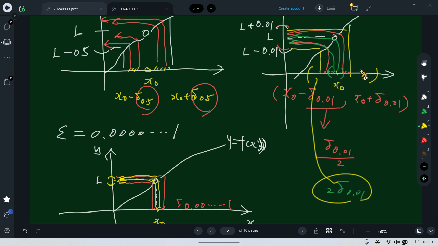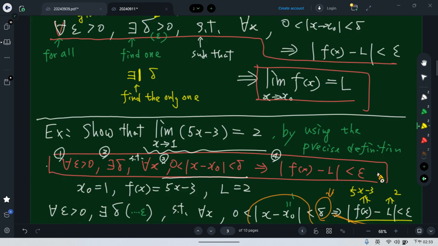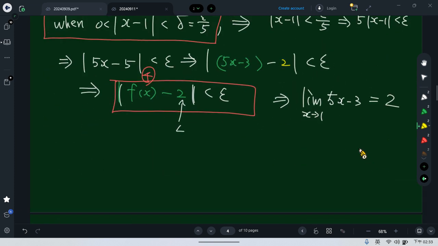But for the rest point, I cannot 100% make sure they can fall into the range. So that's why we always can pick, if we want to replace the answer, we can pick another one, but smaller one, not a larger one. Okay? So I hope you can understand that.